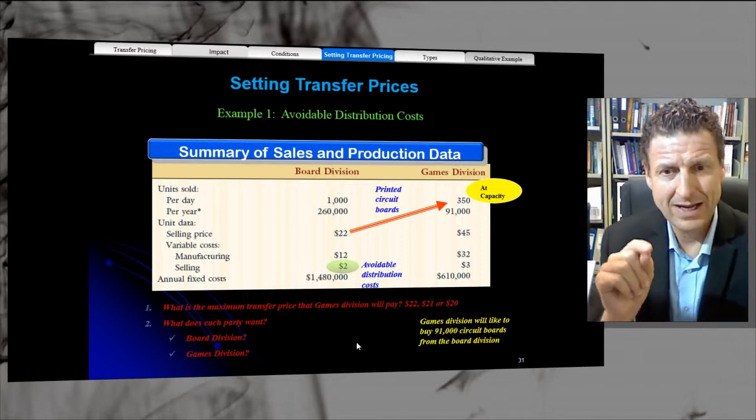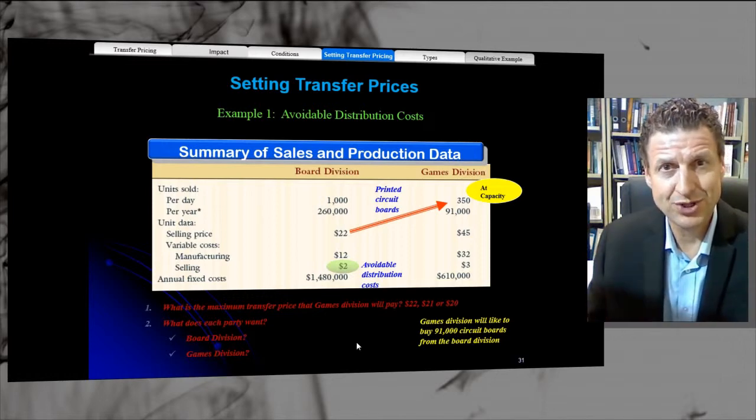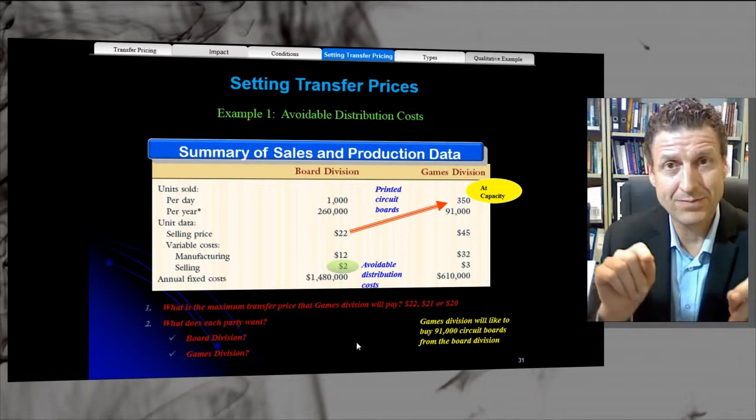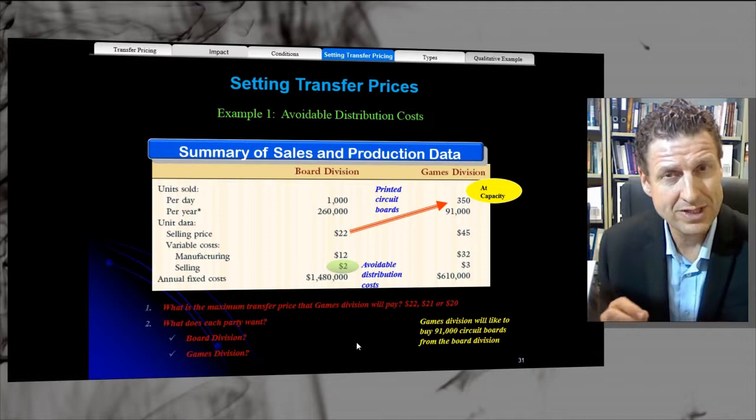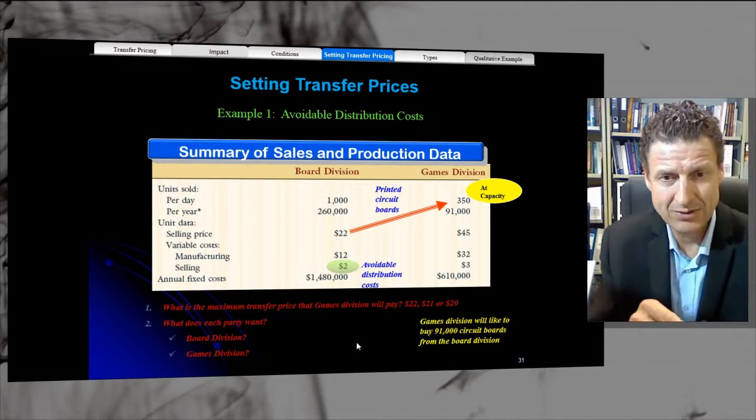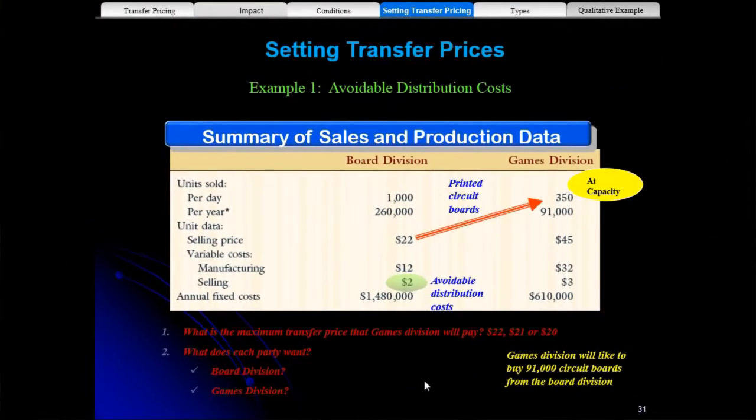Okay, now, are there any avoidable distribution costs to the board division from doing the internal transfer? Maybe there is, maybe there isn't. Yes, there is. $2 in selling costs. Let's mark that up, shall we? Avoidable distribution costs of $2. Now, what does that mean? If board division transfers printed circuit boards internally to games division, they can avoid $2 in selling costs.